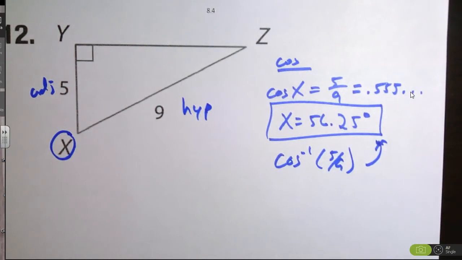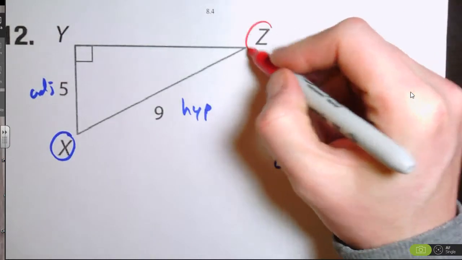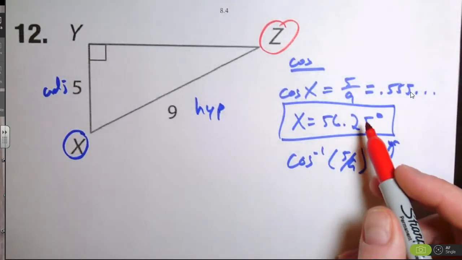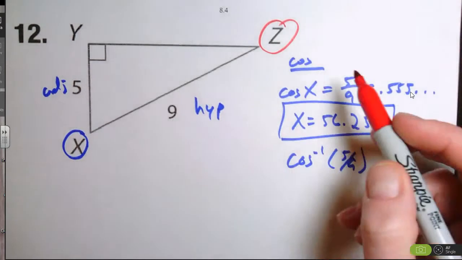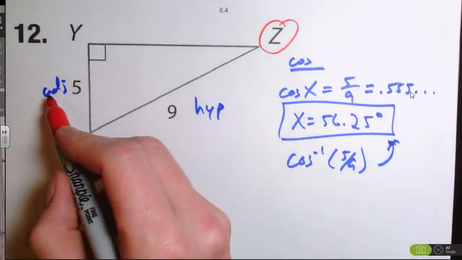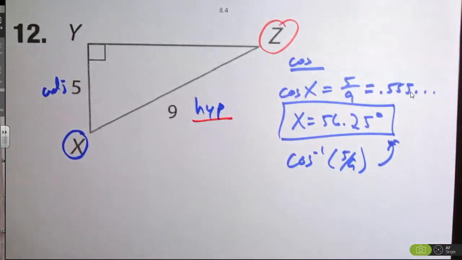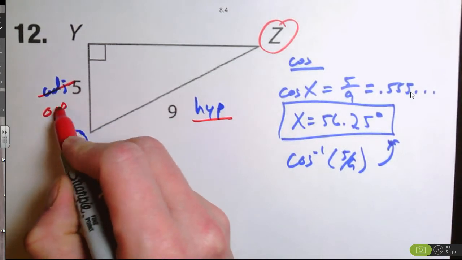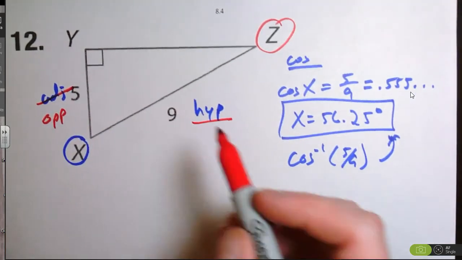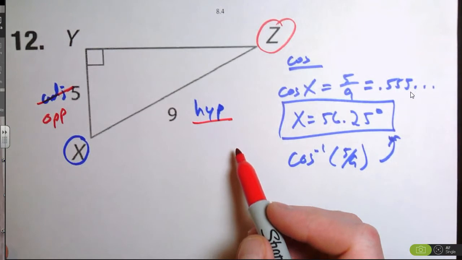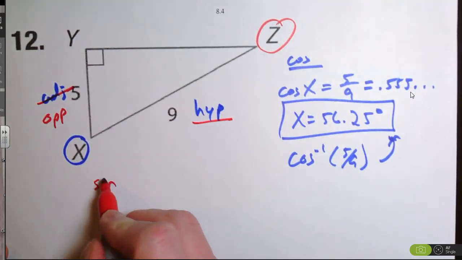Now, if I wanted to solve for angle z, yes, I could subtract this from 90 because those two angles had to make 90 together. But I could also use trig for this and say, okay, this is still the hypotenuse, but now this becomes the opposite. So if I have the hypotenuse and the opposite, that means I'm going to use sine.